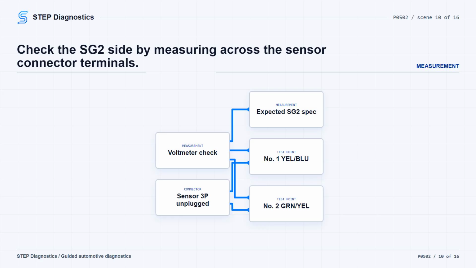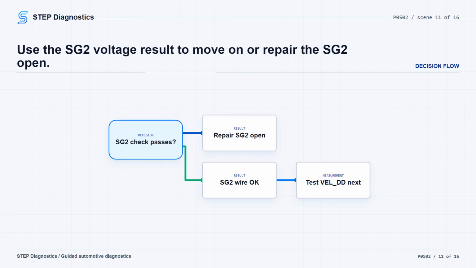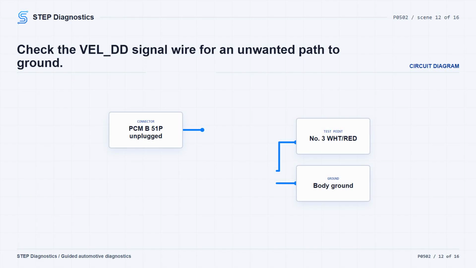This check uses the VCC2 and SG2 circuits together, and the expected result is about 5V. If about 5V is present, the SG2 wire is okay, and you move to the VELDD signal circuit. If about 5V is not present, repair an open in the SG2 wire between the CVT speed sensor and the PCM. Now test the VELDD signal wire.